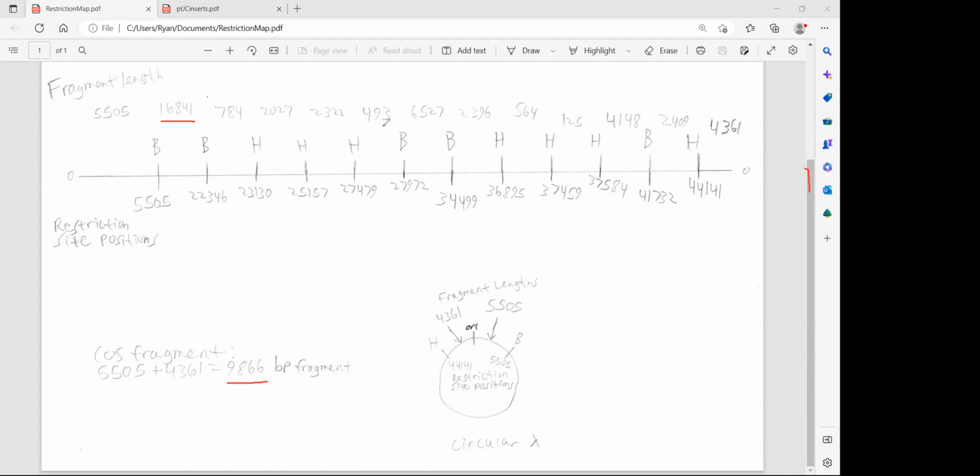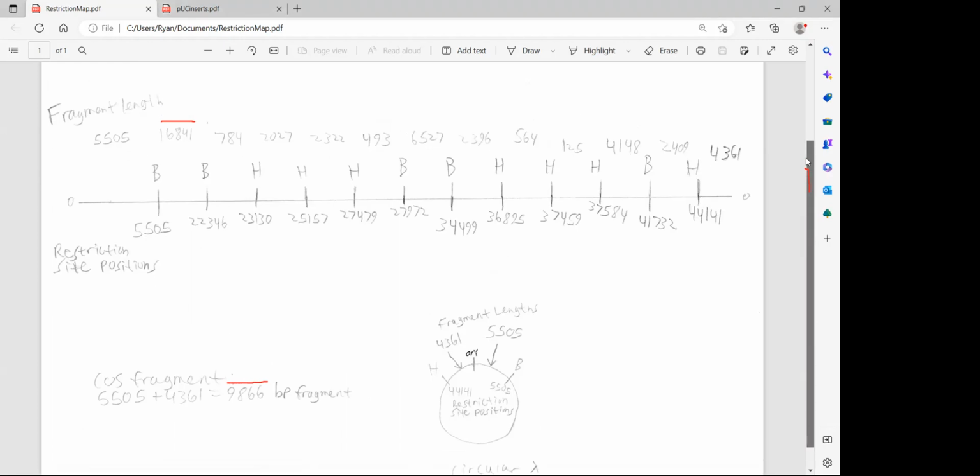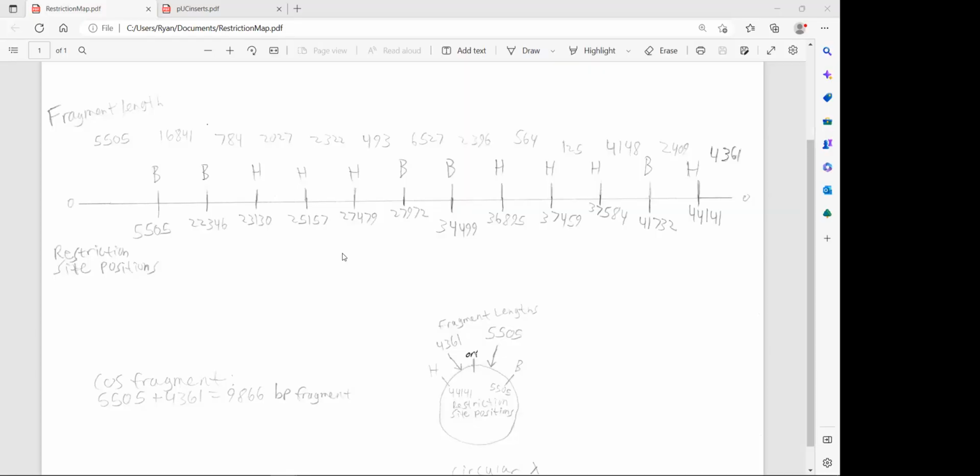So we have to do serial numbering, where 16,841 is the biggest. And for the circular, I'm talking about, we have to show how many fragments there will be. There will be 12.